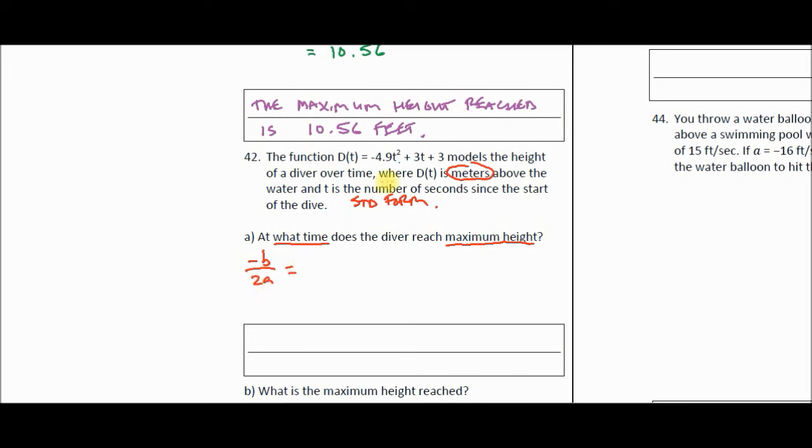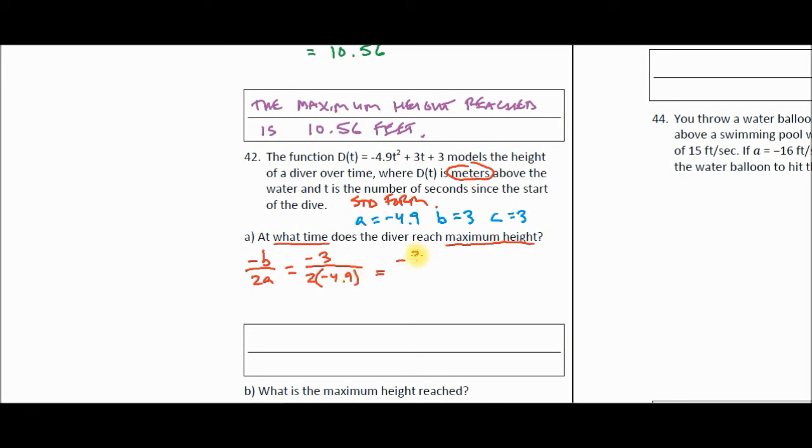Let's identify a, b, and c. A is now negative 4.9, b is 3, and c is equal to 3. So negative b over 2a, our b value is 3. We flip the sign, that turns to negative 3. And the denominator is 2 times a, which is negative 4.9.